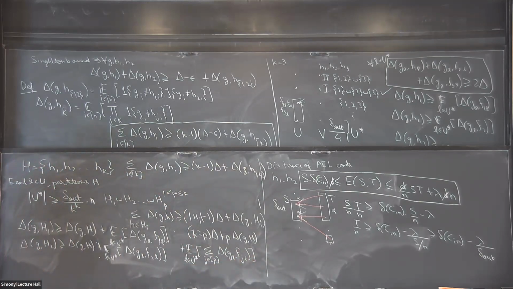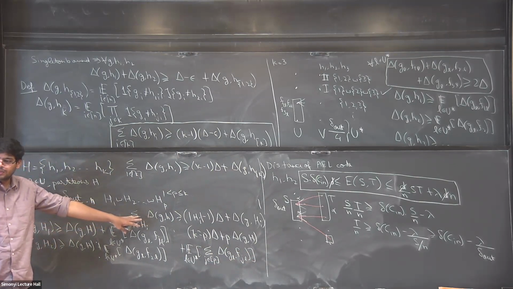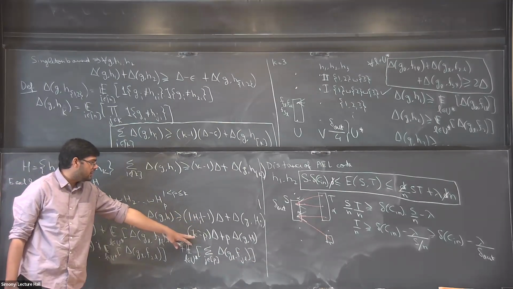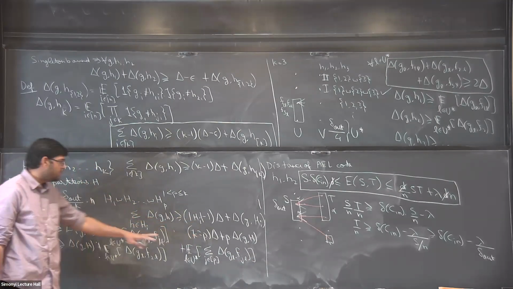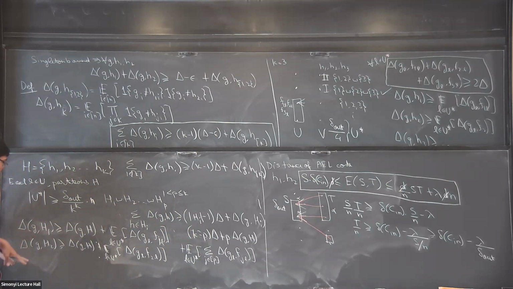This would be the sum. I'm just summing these inequalities. The first term was giving me K minus P delta. For the second term, I'm using this bunch of inequalities. So I gathered P times delta GH, and this is the remaining term.